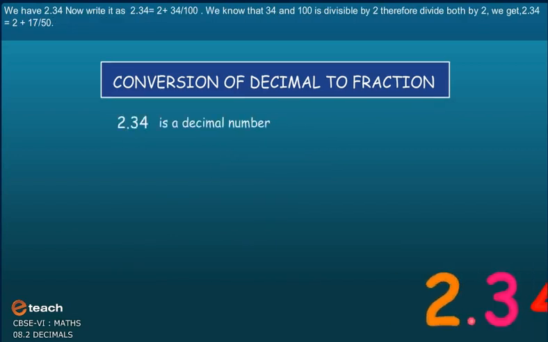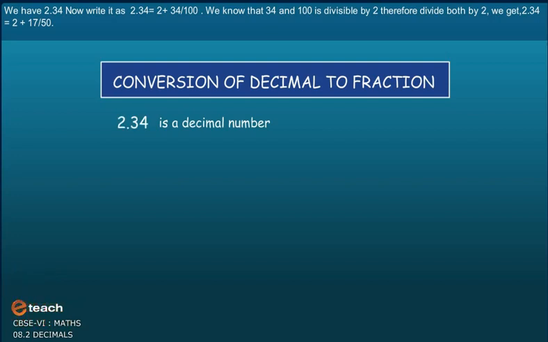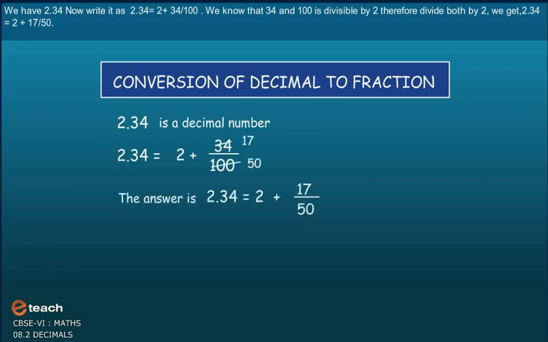We have 2.34. Now write it as 2.34 is equal to 2 plus 34 by 100. We know that 34 and 100 are divisible by 2. Therefore, divide both by 2.